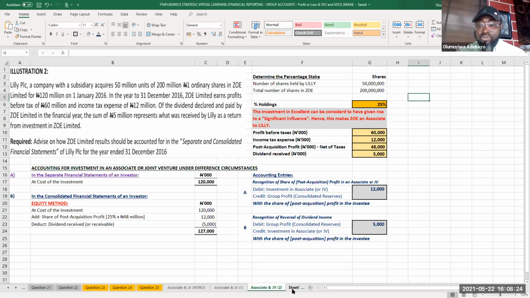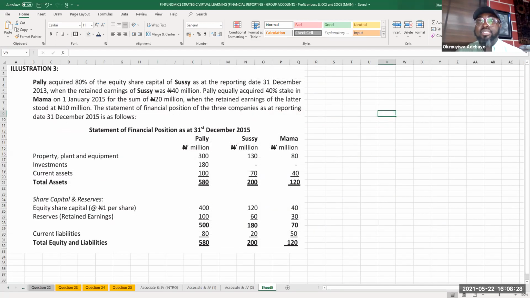Okay, now at this point, you will go on with this assessment as we wrap up part 2 of this section. Now try to demonstrate understanding of all we have discussed with respect to investment assets and joint venture by solving this balance sheet question, where we have Pali as the parent to Susie.